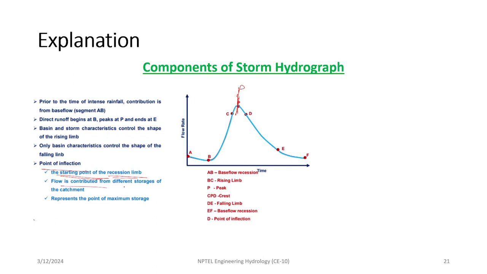And then flow is contributed from different storages of the catchment. Wherever the water has been stored, that water is now just coming out. This is what is represented here. One more thing you can see from what we have just discussed, that basin characteristics control the shape of the falling limb. Falling limb means the recession limb only.